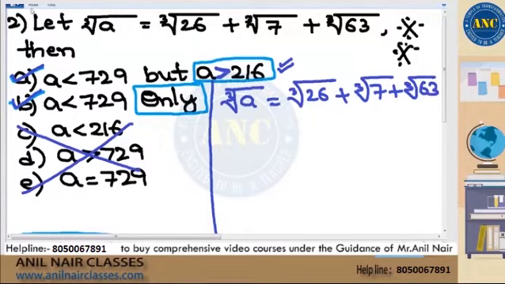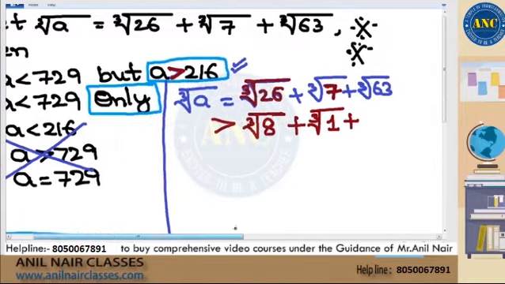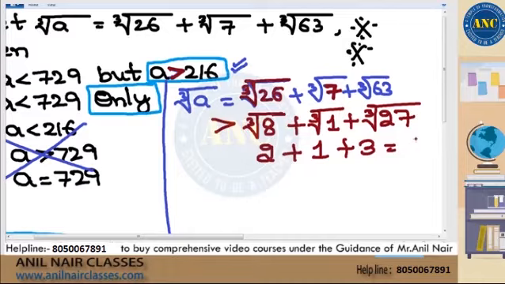Can I say that cube root of 26, the perfect cube before 26 is 8, so it is greater than cube root of 8, plus the perfect cube before 7 is 1, so cube root of 7 is definitely greater than cube root of 1, and similarly cube root of 63 is definitely greater than cube root of 27. Cube root of 8 is 2, cube root of 1 is 1, cube root of 27 is 3, so it is 6.